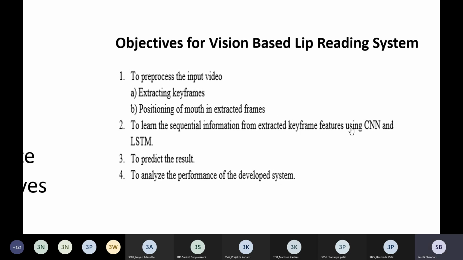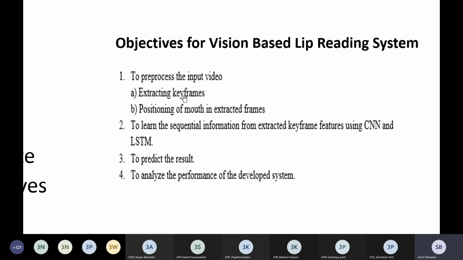We need to understand the movements of the lips. And to do that, we are making use of CNN and LSTM architectures. So that has been mentioned in the second step. To do this, we are going to implement some algorithm, no doubt, right? But this is only the task that we would like to do.